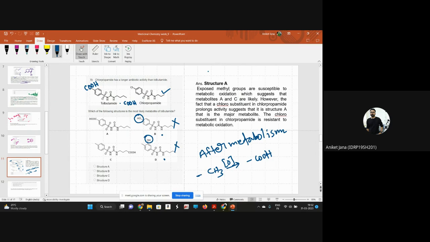Okay, so let's see what is more appropriate. Exposed methyl groups are susceptible to metabolic oxidation, as I said earlier, which suggests that metabolites A and C are likely. Here this methyl group is oxidized, and in C this methyl group is oxidized.